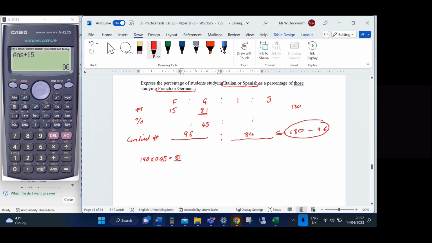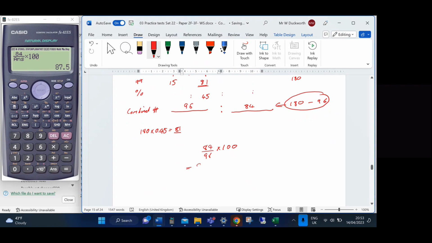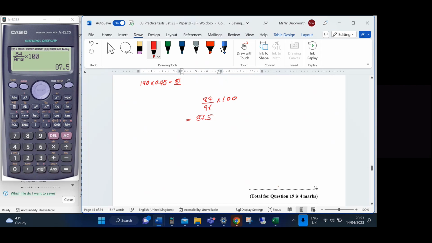So as a percentage, I'm looking for Italian or Spanish as a percentage of those studying French or German. So I'm going to go 84 divided by 96 times 100. And that's going to give me the fraction 84 over the answer that I just worked out, times 100, which gives me 87.5%.